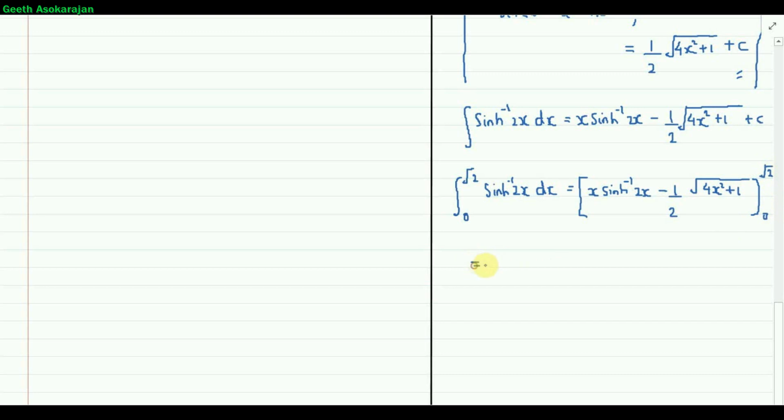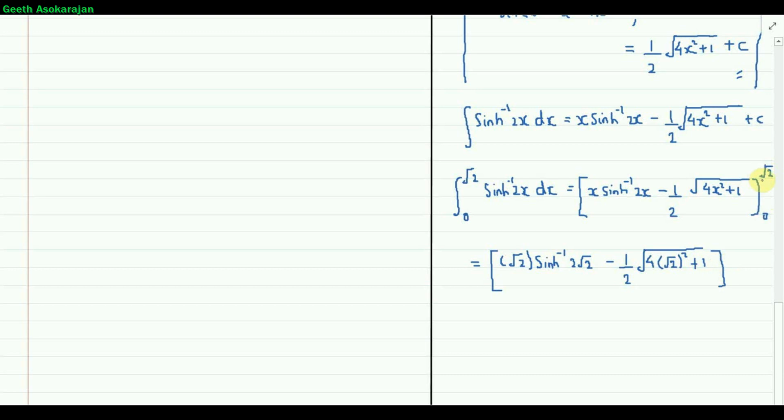If I firstly, so let me continue down here, firstly replacing the upper limit, so x is root 2, hyperbolic sine inverse, 2 into x, which is root 2, minus the half into the root of 4 into x replaced by root 2, so it's root 2 squared plus 1.